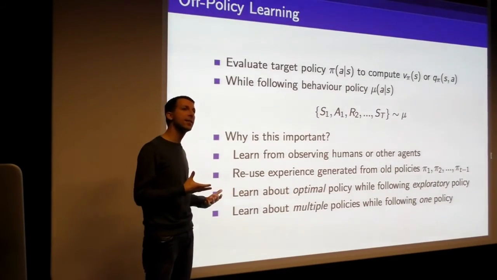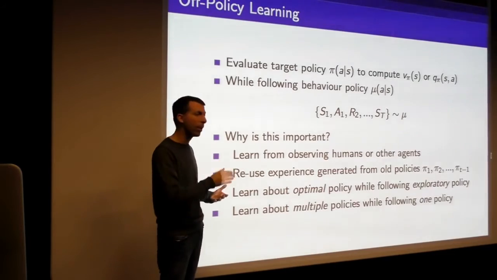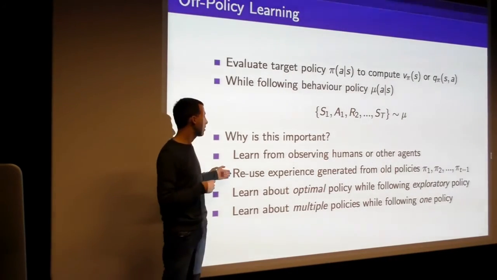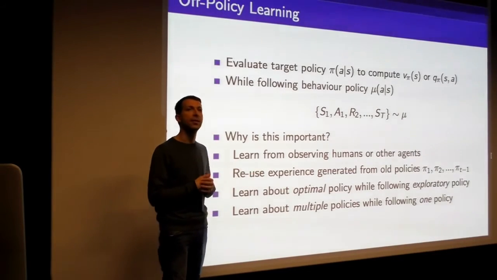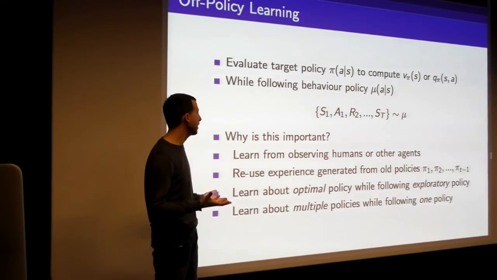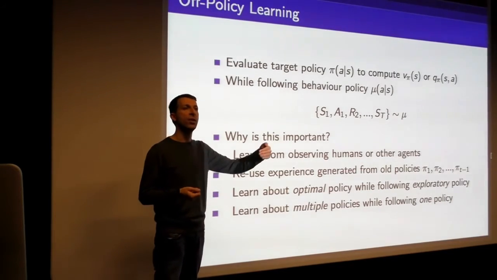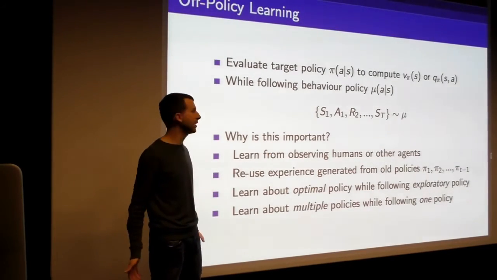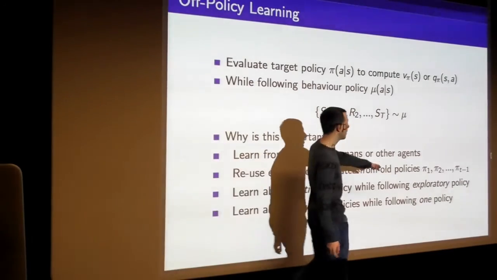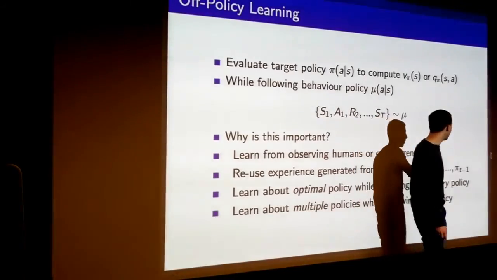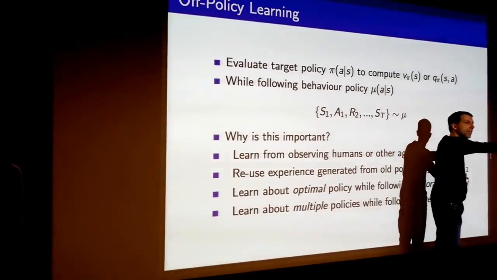A specific case, which we used, for example, in the Atari work that I mentioned in the first lecture, is to reuse experience from old policies. Imagine now that we're doing our generalized policy iteration. So we move through a whole sequence of policies. We start with some initial random policy pi 1, and then we make it a little bit better to give us pi 2. Eventually we end up getting better and better policies.